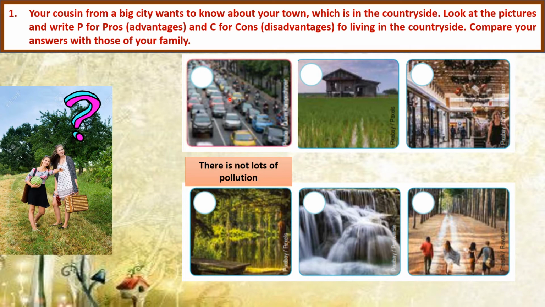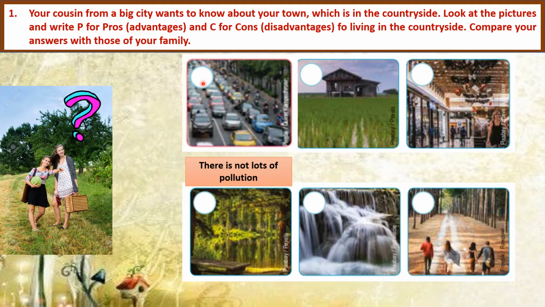So that would be an advantage or disadvantage. Advantage means ventaja, disadvantages means desventaja. So you're going to write P if it is an advantage, or C if it is a disadvantage.